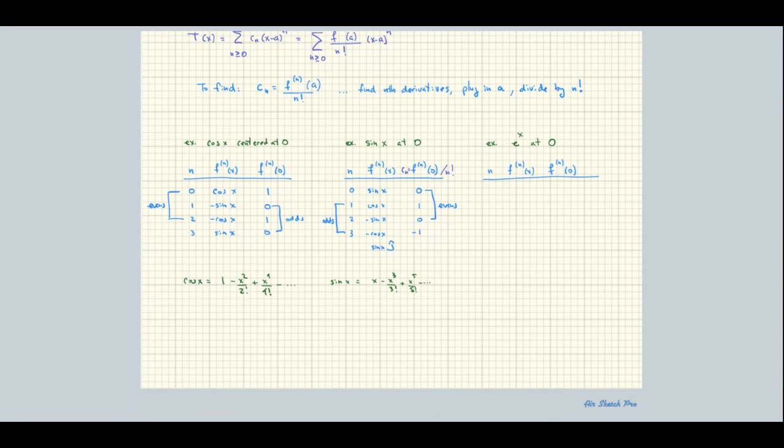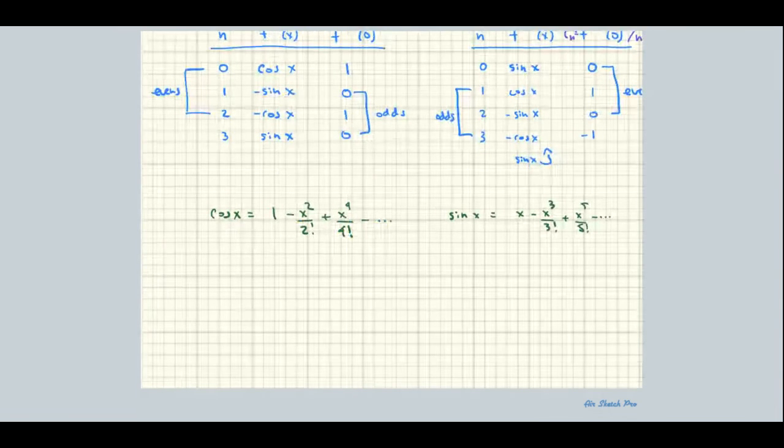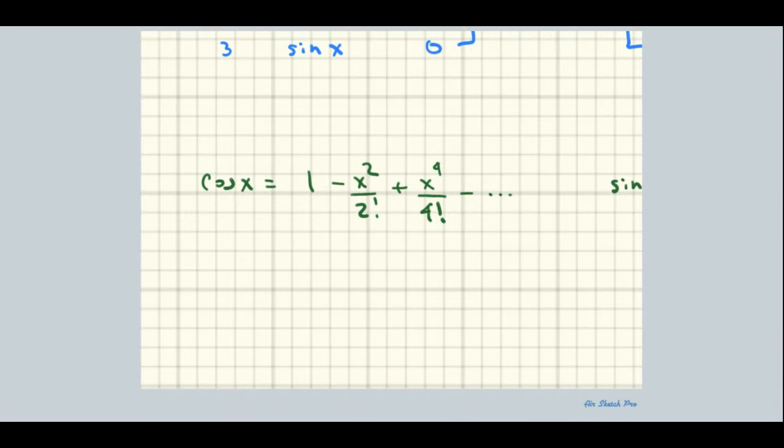Now the thing that's really odd when I'm looking at this, and this is just kind of bizarre even to me, I look at this and then I remind myself, this thing's periodic. That means that this is equal to the cosine of x plus 2 pi.